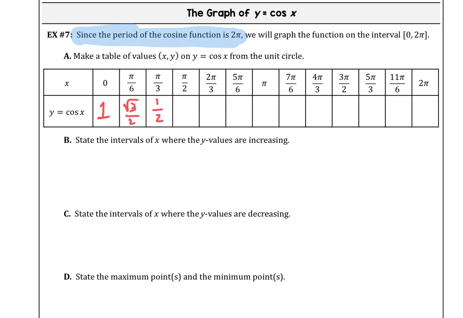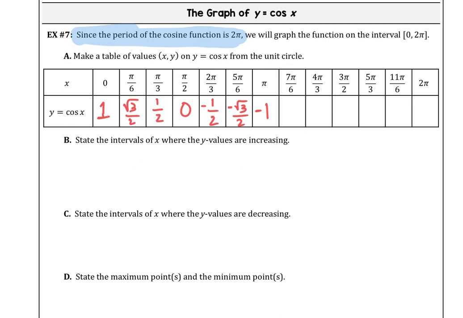And then when you jump into quadrant 2, remember that's where x becomes negative. So 2 pi over 3, that's negative 1/2. 5 pi over 6 is negative root 3 over 2. And then at pi, the x coordinate is negative 1.